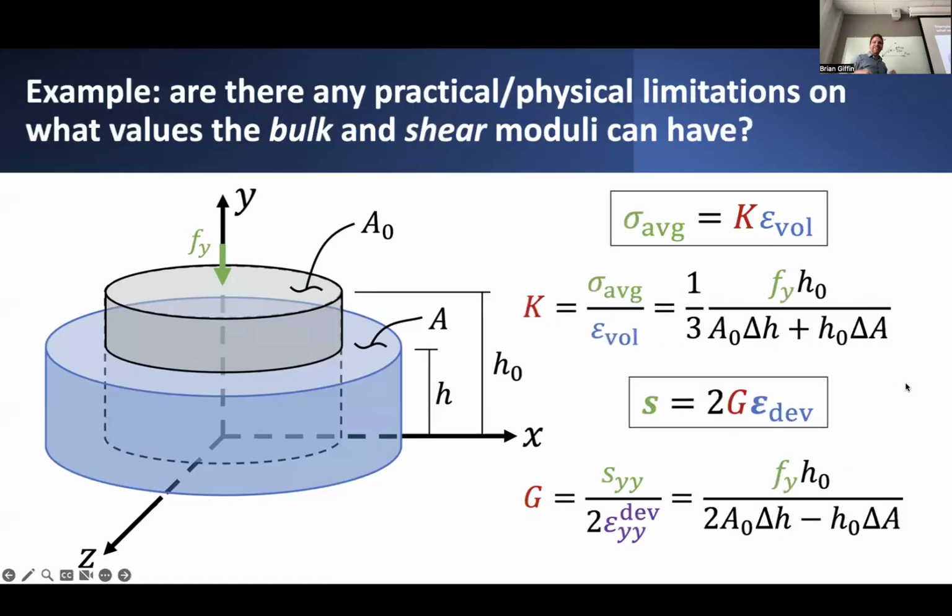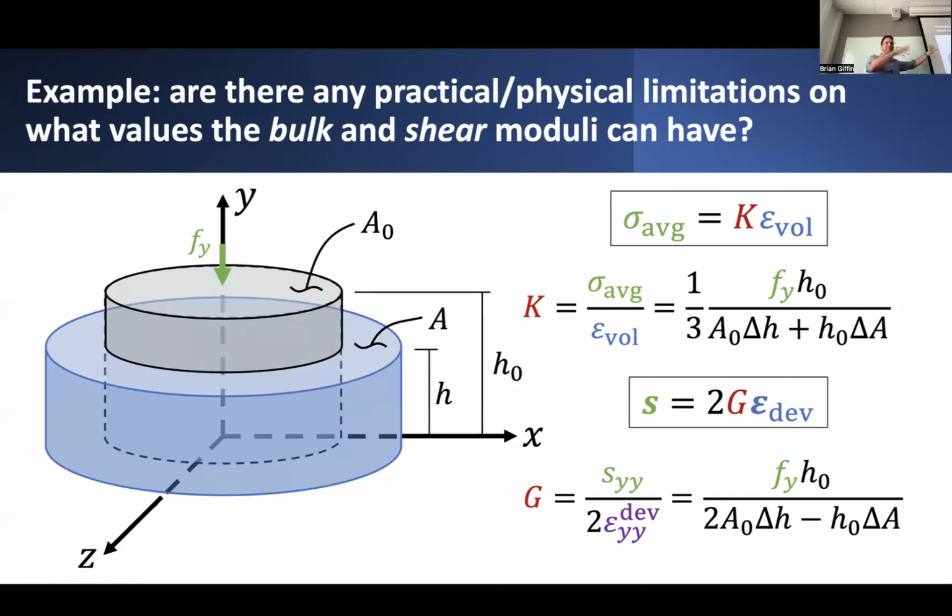Now, it looks more or less like this, and we would leverage precisely these relationships. So assuming you have some assumed relationship in terms of the bulk modulus and an assumed relationship in terms of the shear modulus, of volumetric strain and deviatoric strain to volumetric stress and deviatoric stress, we basically just compute the ratios of these different quantities and we get something that looks like this.